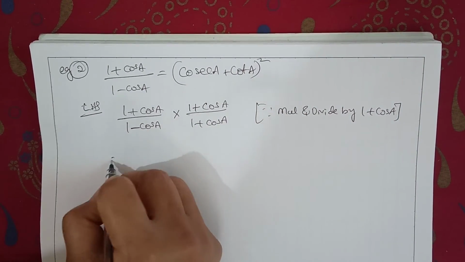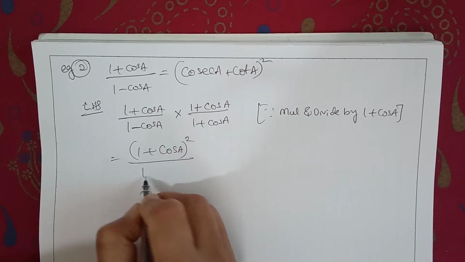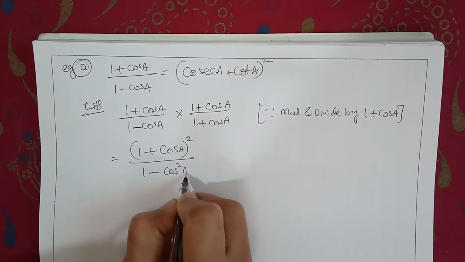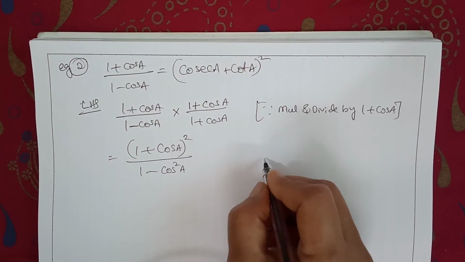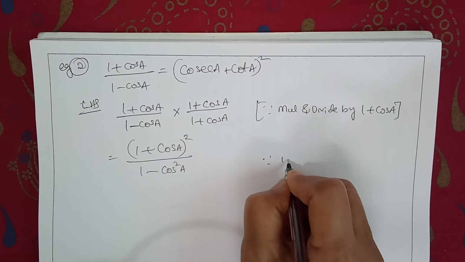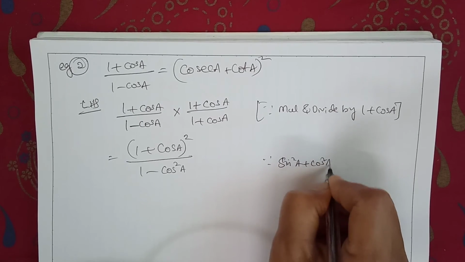Now 1 plus cos A whole square by 1 minus cos square A. Okay, 1 minus cos square A is what? See, sin square A plus cos square A is equal to 1.